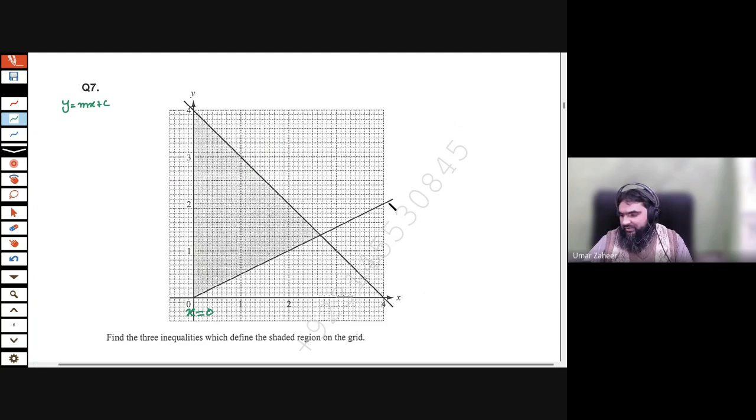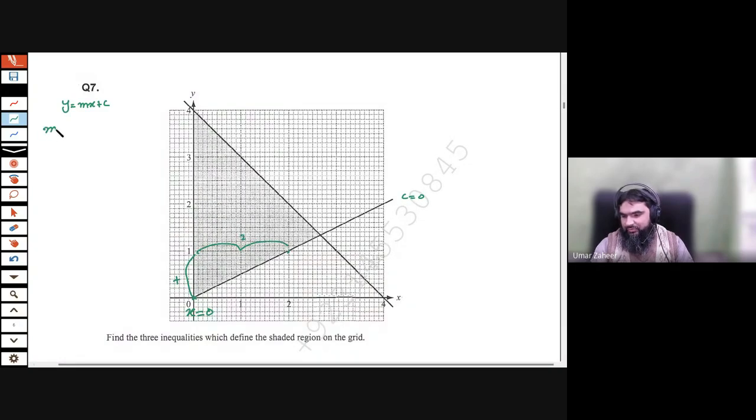Now let's see how to find this equation. Look here. This line passes through the origin. This means that the y-intercept for this equation is 0, and we need to find the gradient. You find the gradient by rise over run. Look here, we have 1 rise and 2 run.